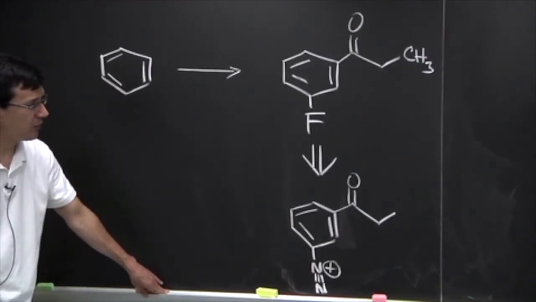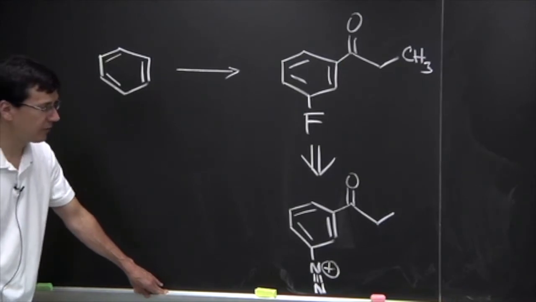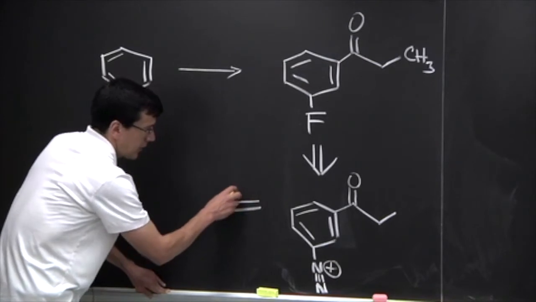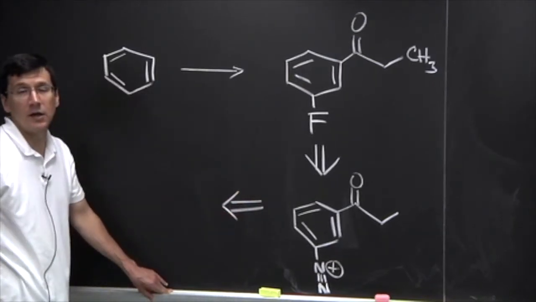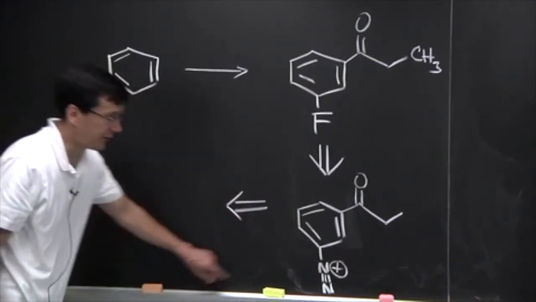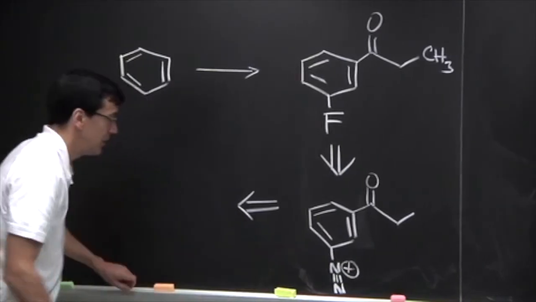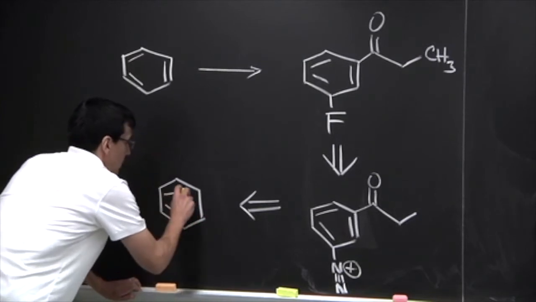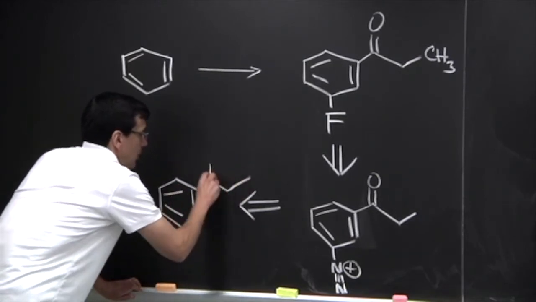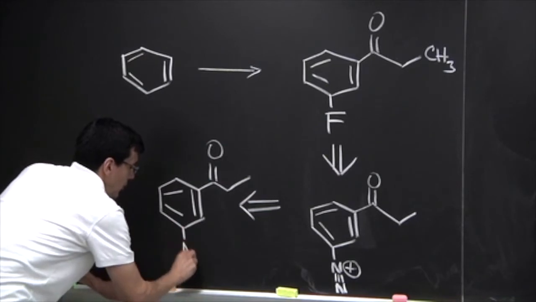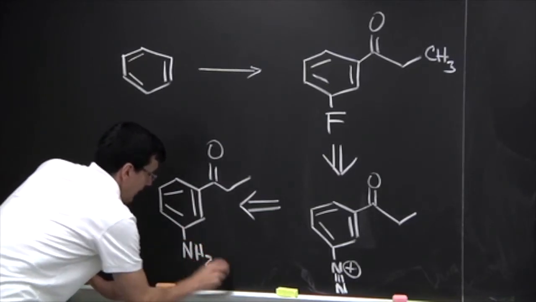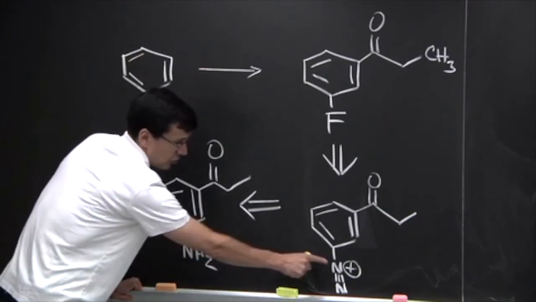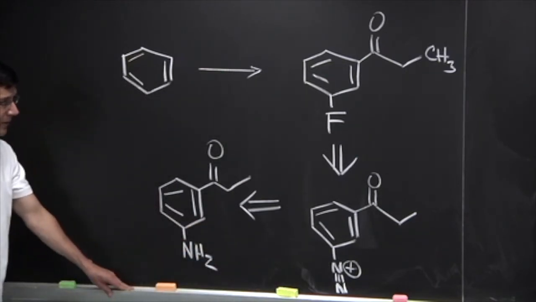And then the question would be, well, where do diazonium salts come from? The diazonium salts come from the corresponding aniline derivatives, that is an NH2 group here. So if only we could get our hands on this aniline derivative, we could convert the NH2 group into the diazonium salt.